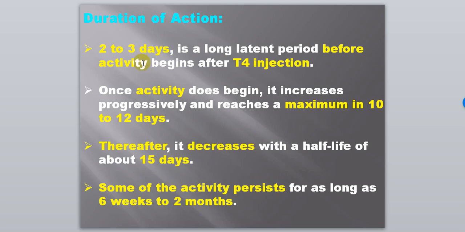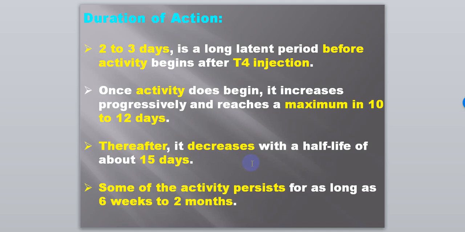So after injection, T4 takes a latent period of 2 to 3 days. After 3 days, it becomes active. This activity reaches its maximum about 10 to 12 days. So the curve becomes higher after 10 to 12 days of activity.